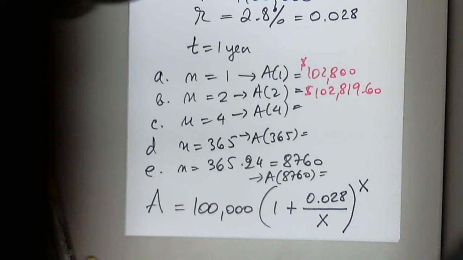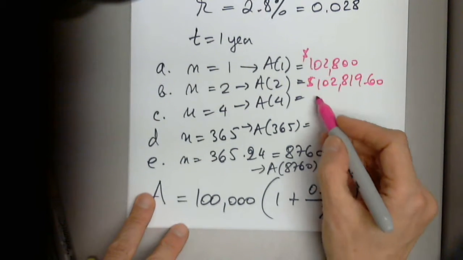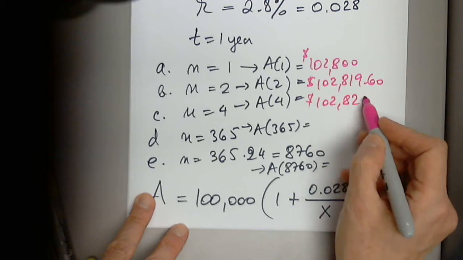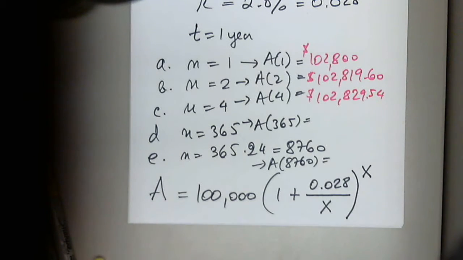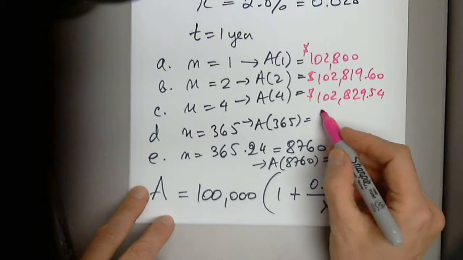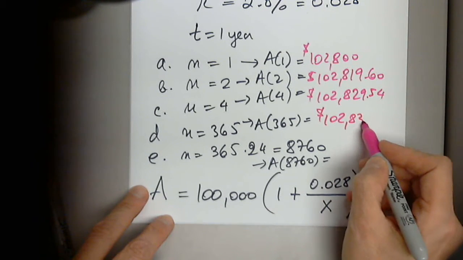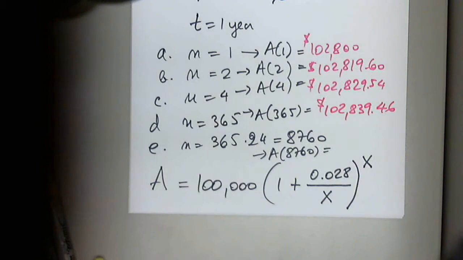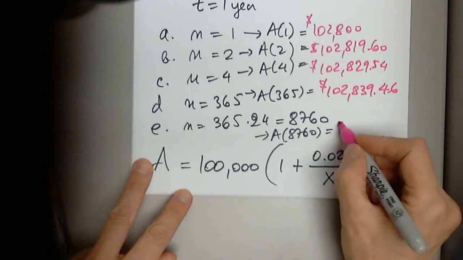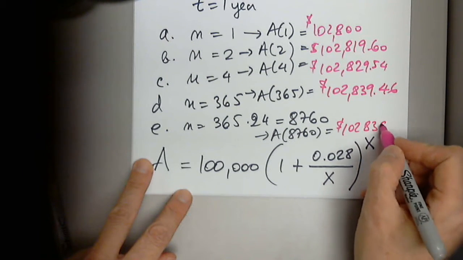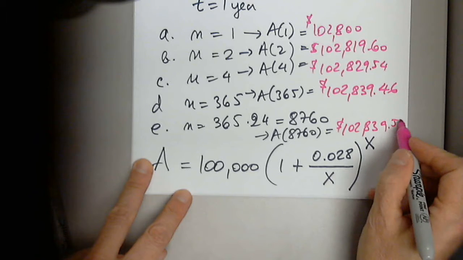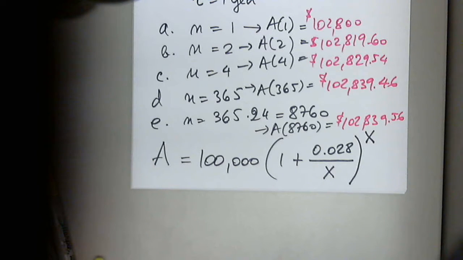The next one, 102,829.54. 2 more. 102,839.46. And the last one, 102,839.56. The reason why I created this function is because I didn't want to repeat the calculation 5 times.